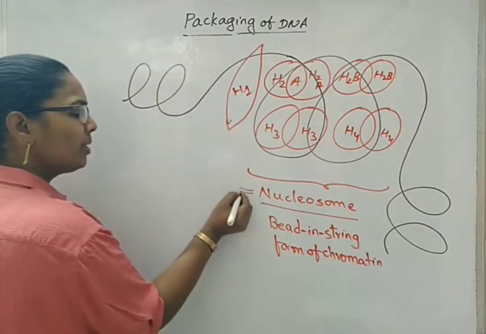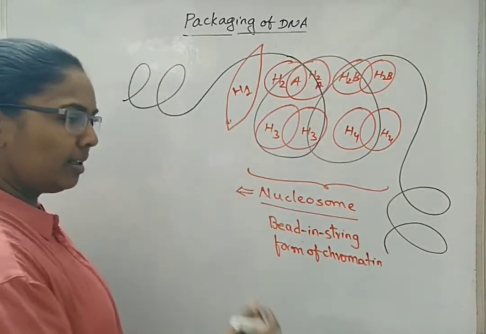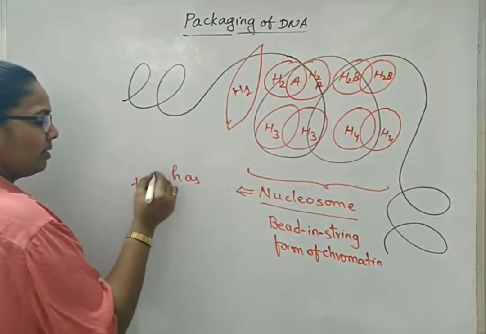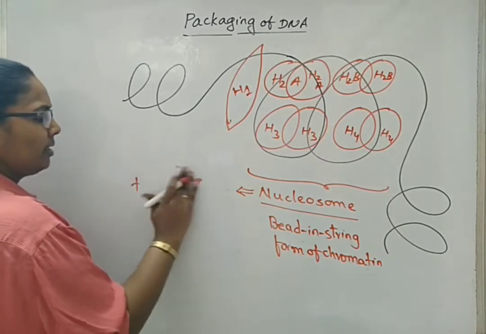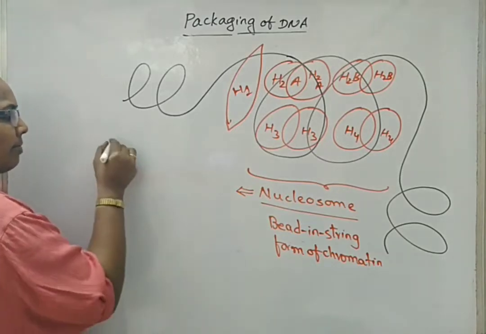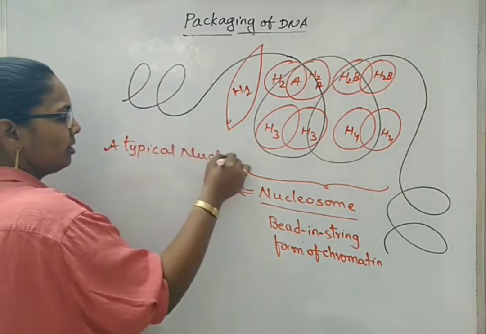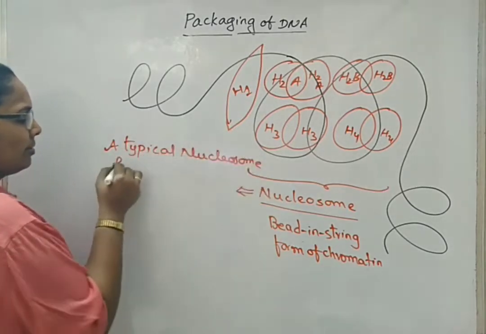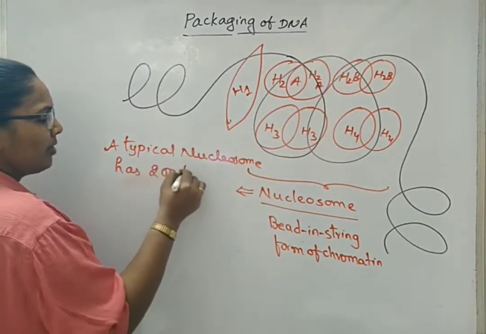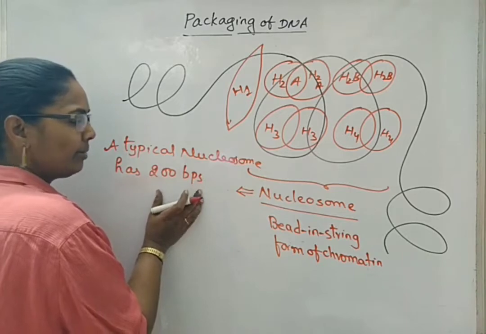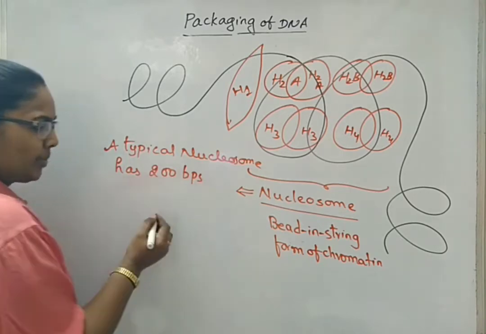A nucleosome, typically in case of living organisms, we'll write, typical nucleosome has 200 base pairs. Means a typical length of a nucleosome can be considered with 200 base pairs.